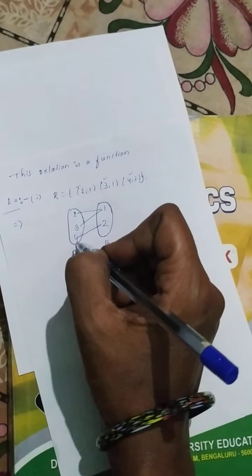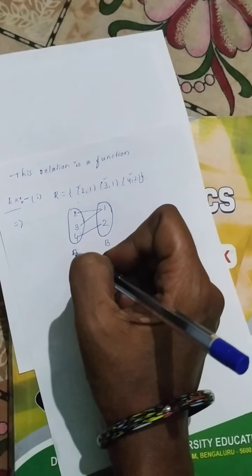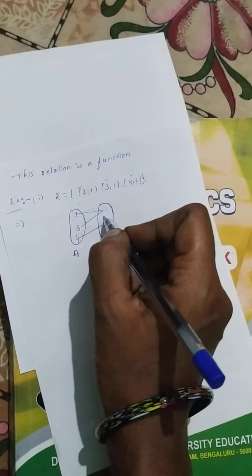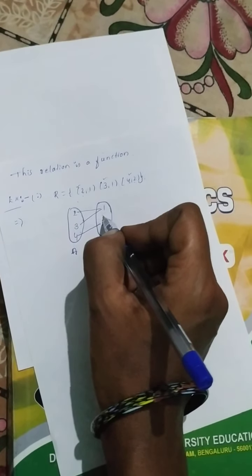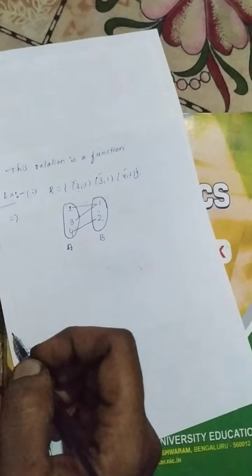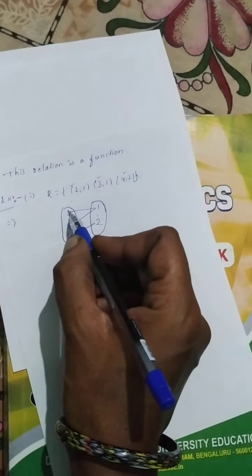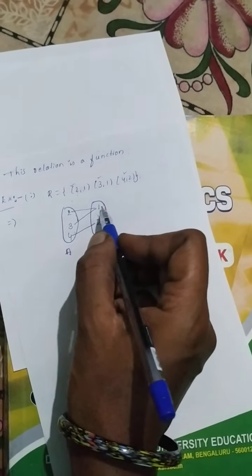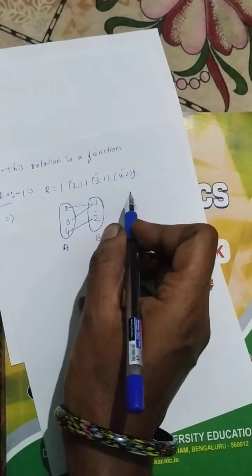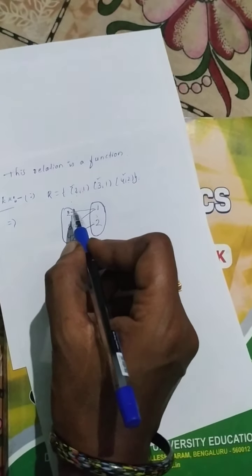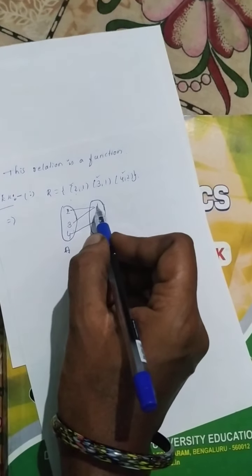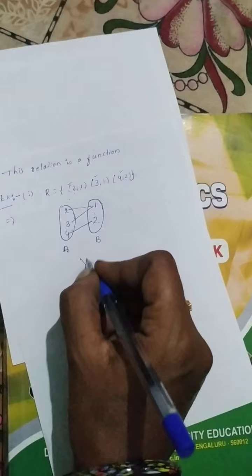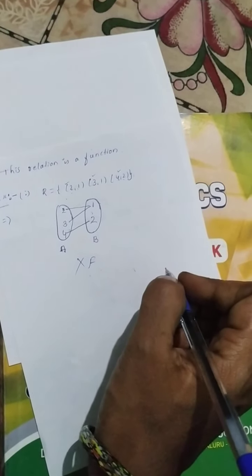In the first set, each and every element should have an image in B. But don't get confused: 2 has the image 1, and 3 also has the image 1. If 2 had the image 1 and 2 also had the image 2, then you could say this is not a function.